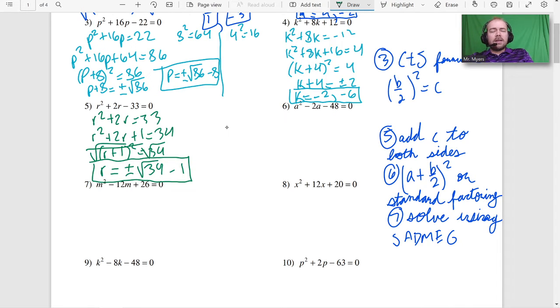So here we go. I'm going to count off the steps that I'm doing here instead of saying what I'm doing. That was step 1. Oh, and then that's step 2, or step 3.